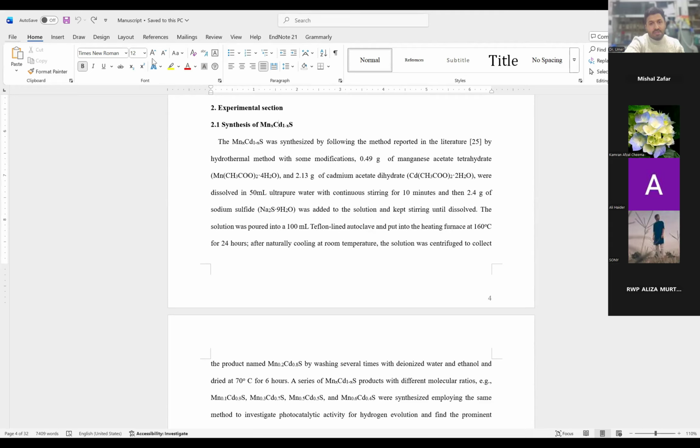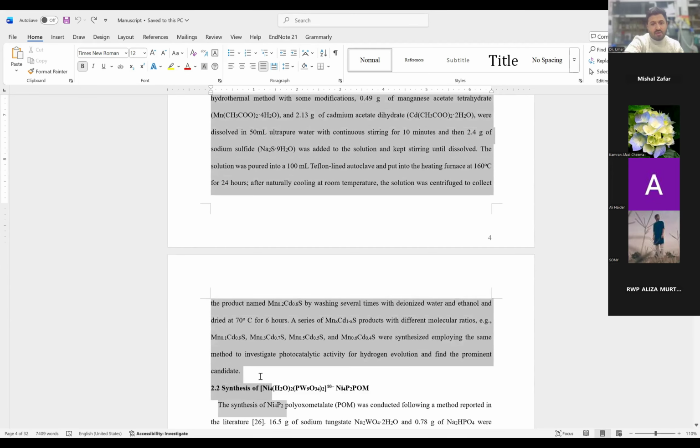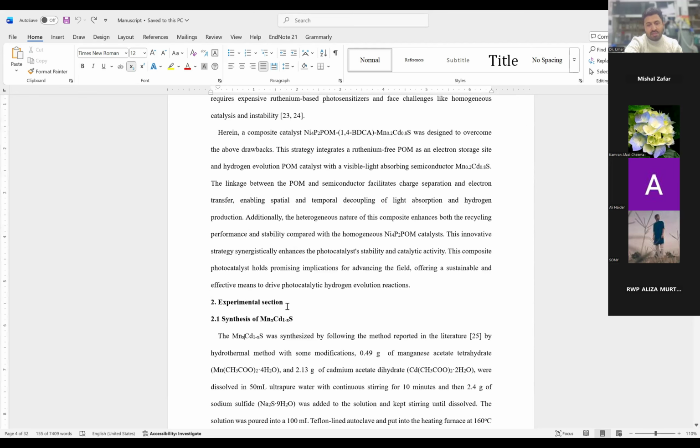So for this, I have started from the synthesis, because this is a high-ranked journal, and in a high-ranked journal we don't describe the materials in the main text. I have written the materials and equipment section in the supporting information file: what kind of materials I used to make the manganese cadmium sulfide, and where I bought them.